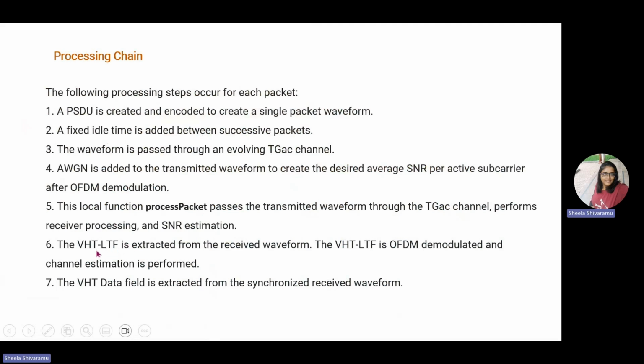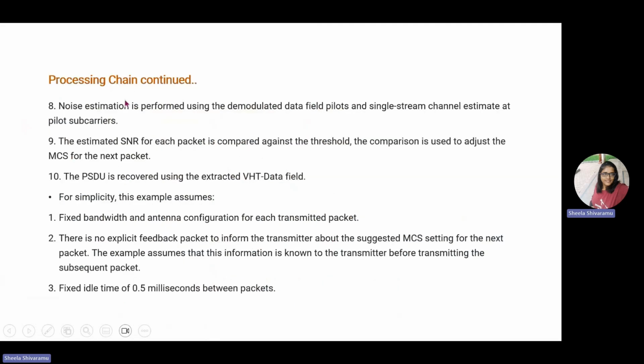Within this function, the most important signal processing is that the VHT-LTF is extracted and demodulated, and then channel estimation is performed using this VHT-LTF field. Further, the data field is extracted from the synchronized receiver waveform. The noise estimation is also done using the demodulated data field pilot subcarriers.